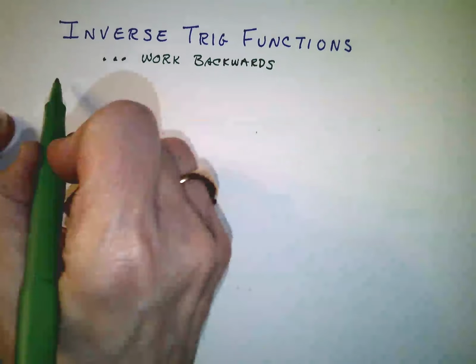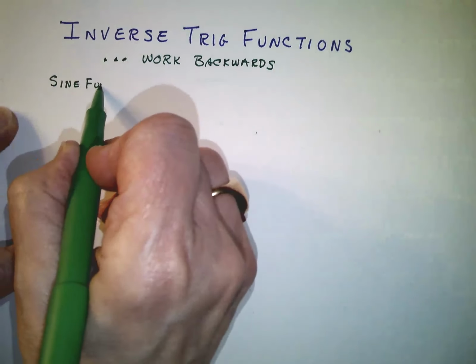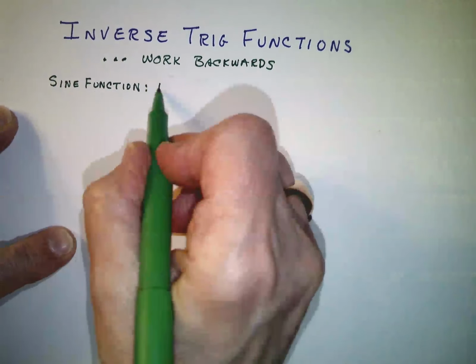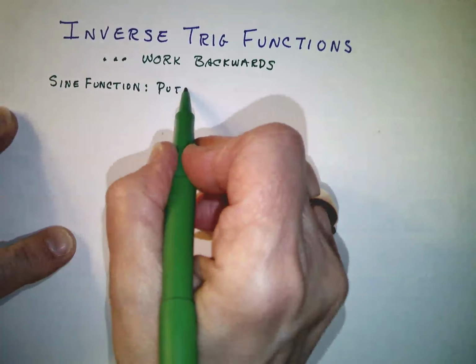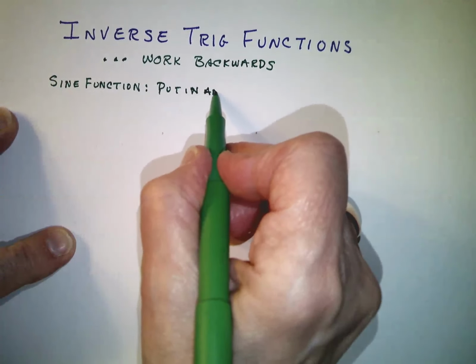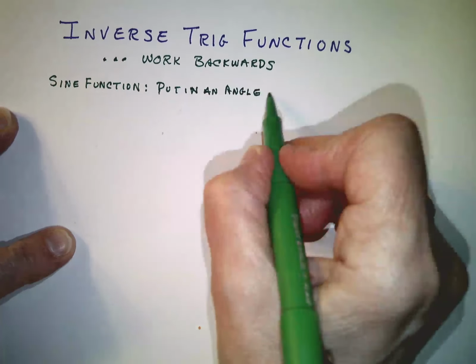So for example, the original sine function. We put in an angle, any angle we want, and we get back a ratio.